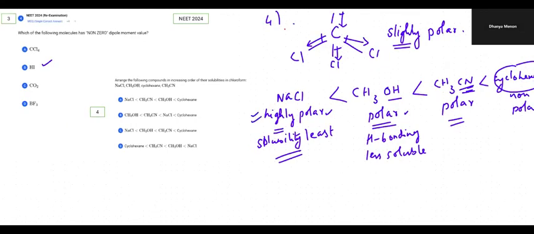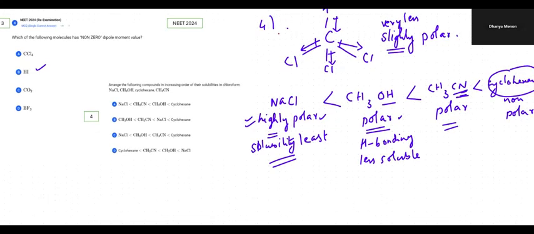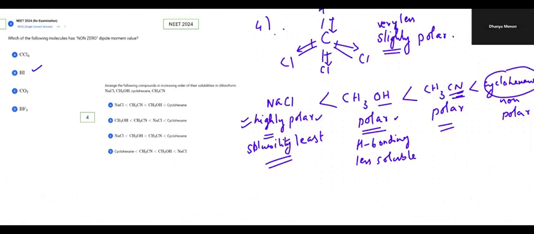So I repeat once again, chloroform is an organic substance, so it is very, very less polar. That means like substances dissolve in like substances. So organic substances will be more soluble. Now, sodium chloride is highly polar, and therefore the solubility will be very, very less.